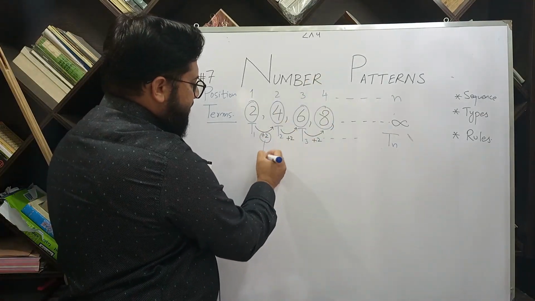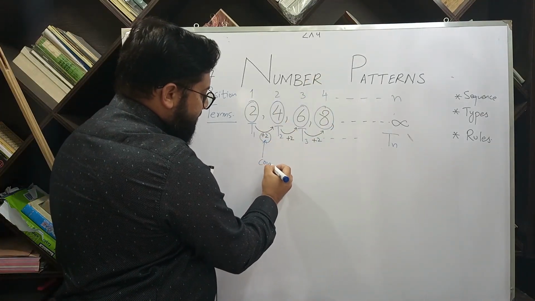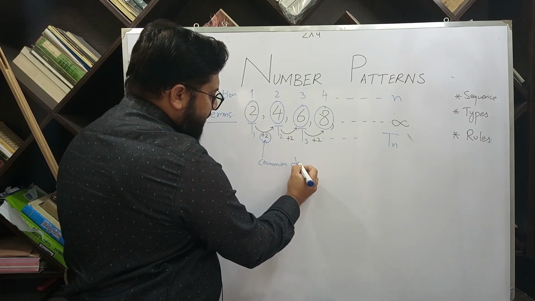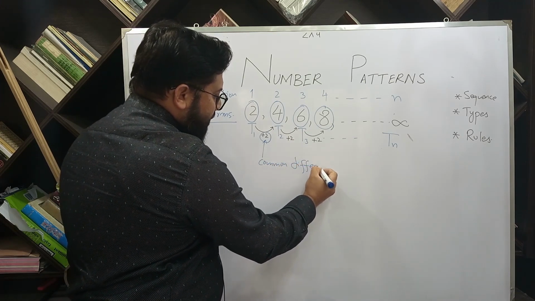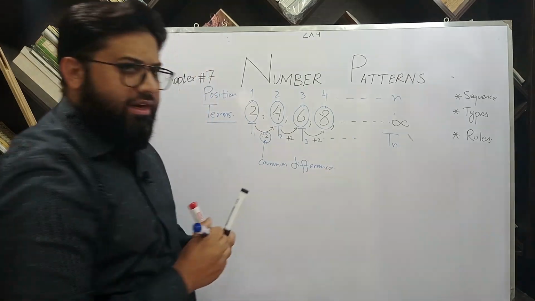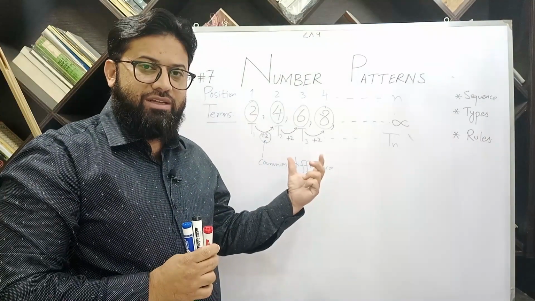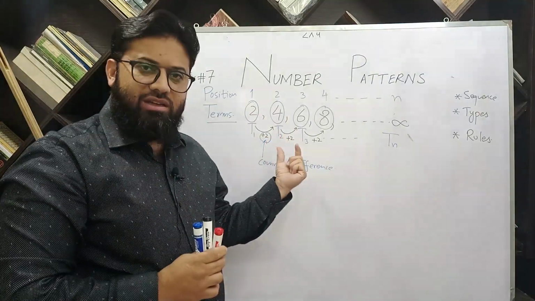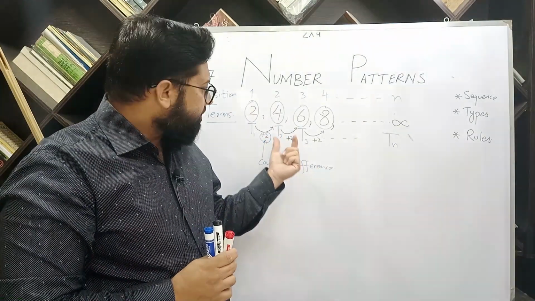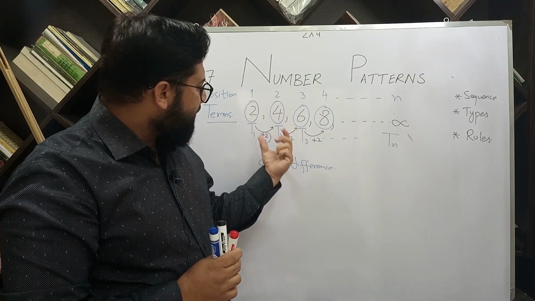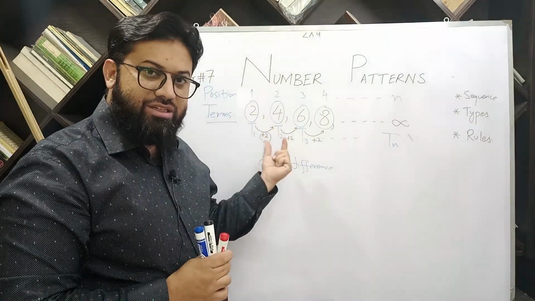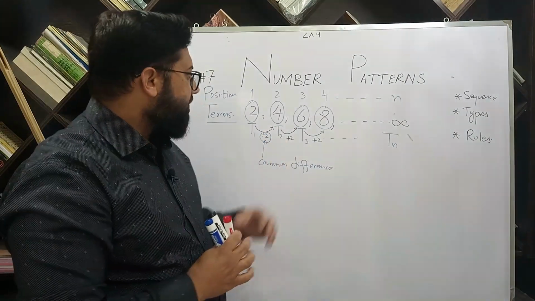So this is basically the common difference. We don't call it the number being added, or being subtracted. That is a mechanism. Plus 2 is basically a mechanism. This sequence is being built up on this mechanism, but this digit is called the common difference.